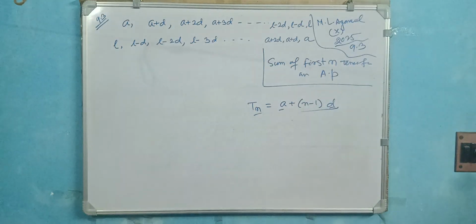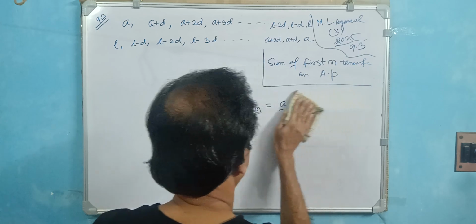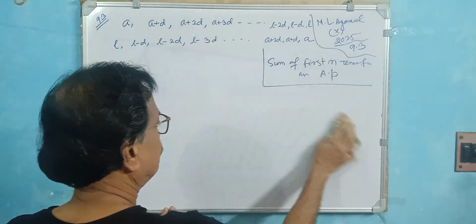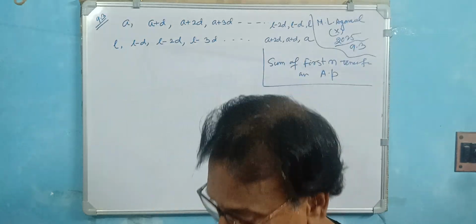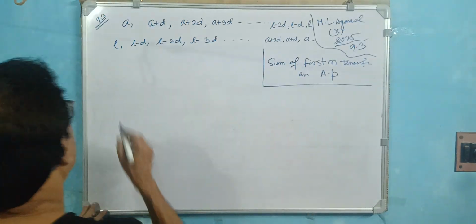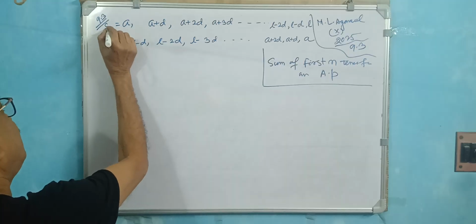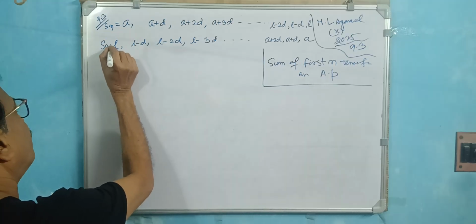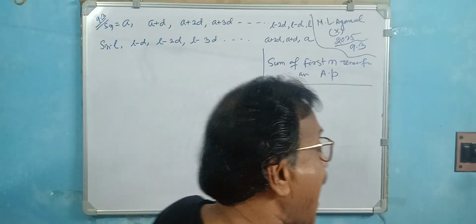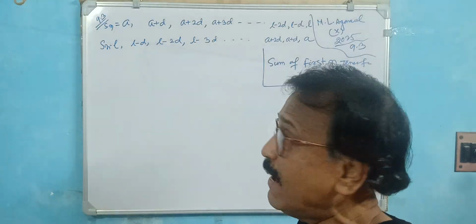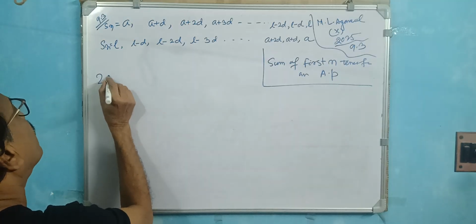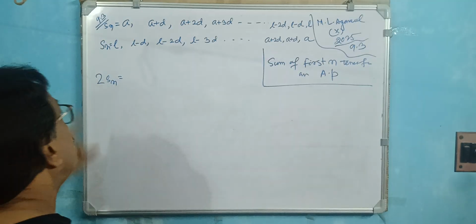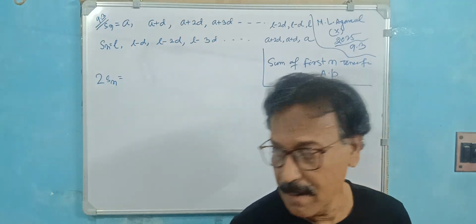But here I discuss the sum of the total AP. So in that way you have the formula. Suppose the sum is Sn, and this is also Sn in reverse. If you add the left hand side and right hand side, you get 2 Sn.